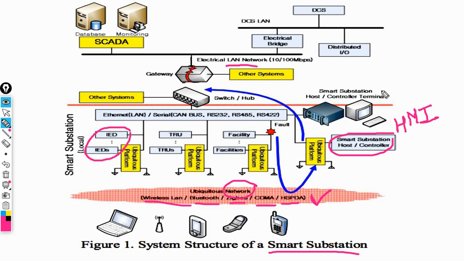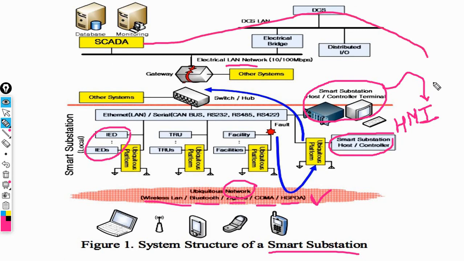The smart substation can be controlled with the help of a control terminal, and the whole system can be controlled with the help of the human machine interface. This SCADA system can also be controlled with the help of the HMI. Finally, the whole system of the smart substation can be controlled with the human machine interface.